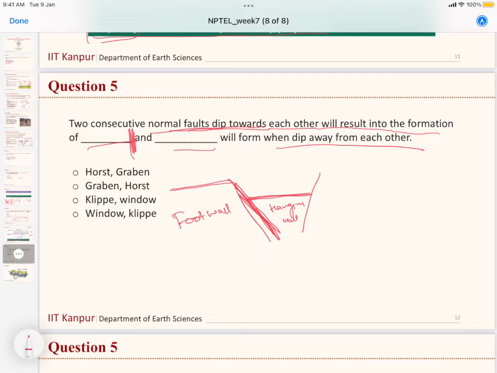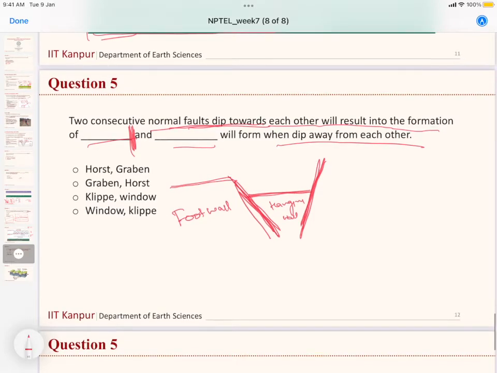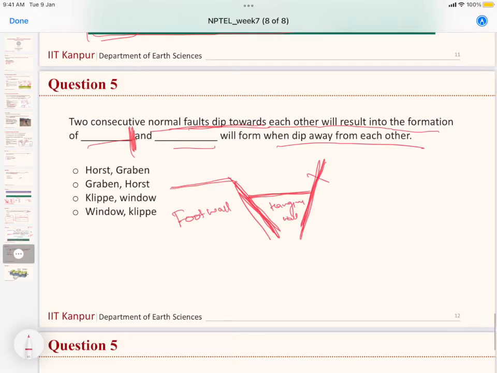Similarly, for the second fault plane, the hanging wall would come on the upper side. Here my hanging wall is already down, so my footwall will come up like this.